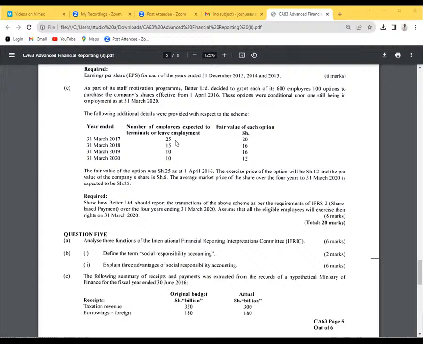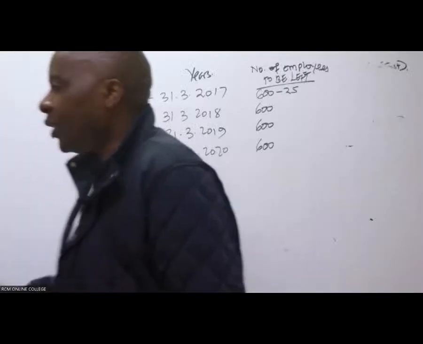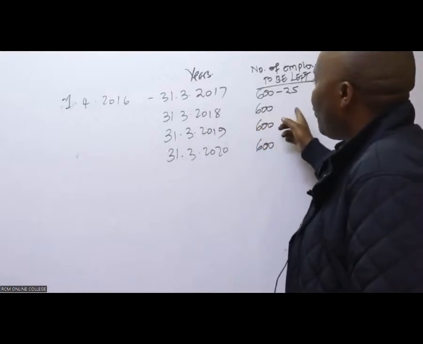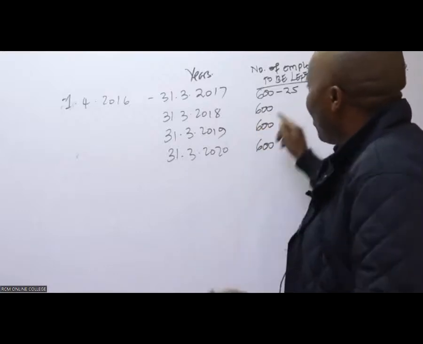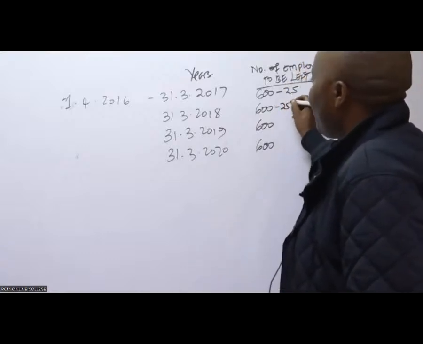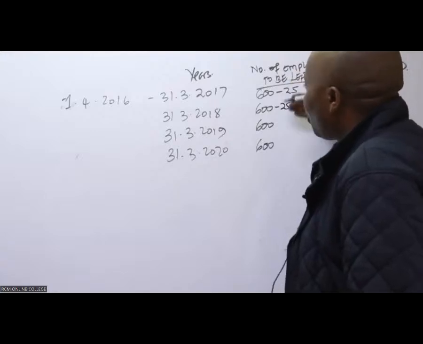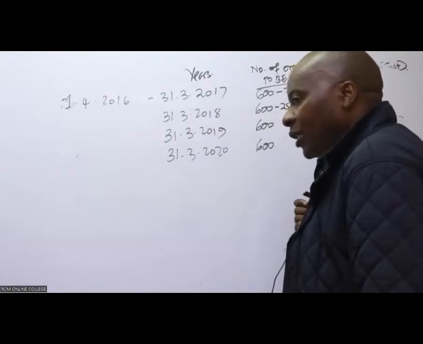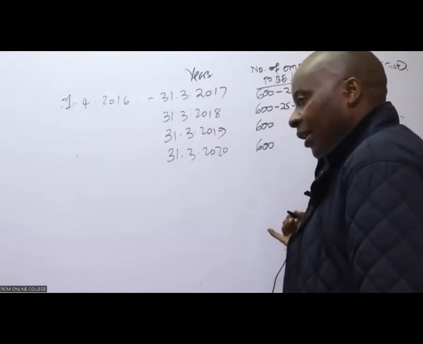Yours is to deduct and deduct and deduct to the end. All right. So when you go to 2018, we expect 15 to leave. But remember, you have decided to start with 600. So if 15 leave in the second year, then I have to remember that I lost 25 in the first year. So 600 minus 25, because they have given us the actuals for each year. And I want to account for the number of employees that I will be left with in the company.